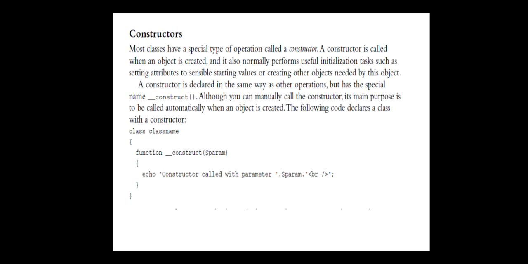The following code declares a class with a constructor, that is class name, function double underscore construct param. Echo constructor called with parameter. So you should use the concatenation operator, that is dot dollar param. So the particular constructor value should be taken, right? So this is how we will be declaring the constructor.